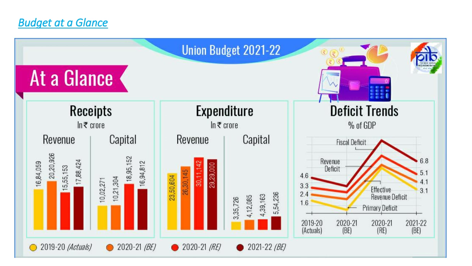The receipt side is classified into two parts: revenue receipts and capital receipts. As we know, revenue receipts are those receipts which neither create a liability for the government nor lead to a reduction in assets. For example, tax receipts.